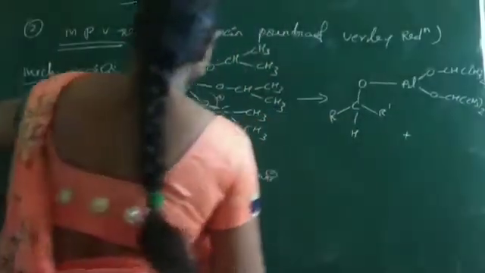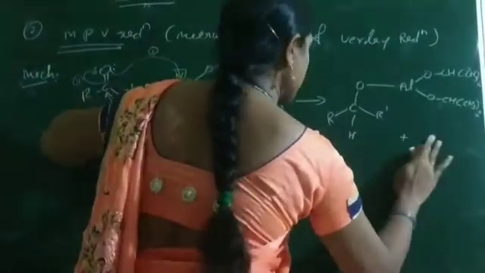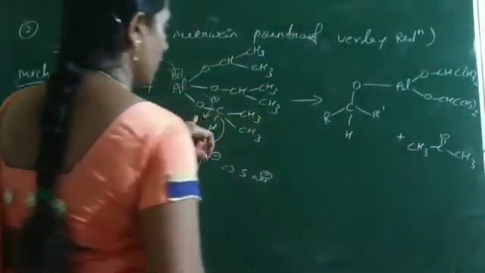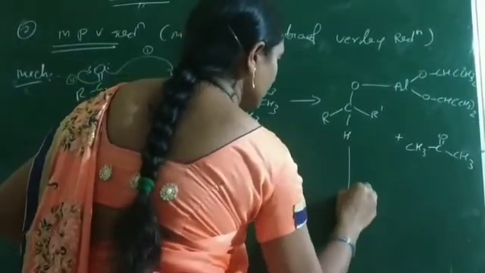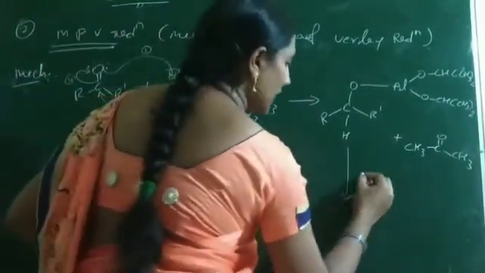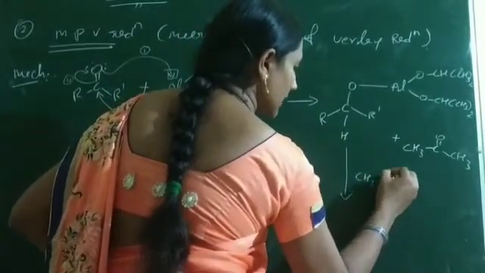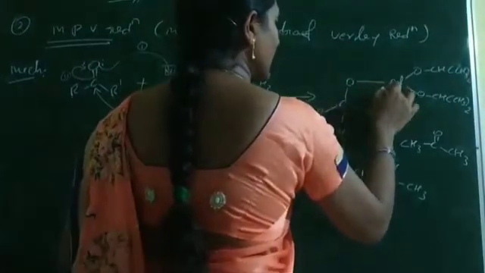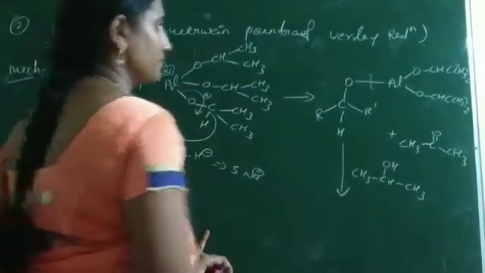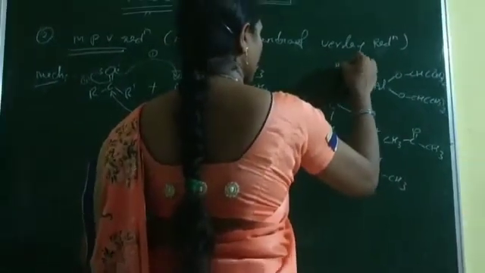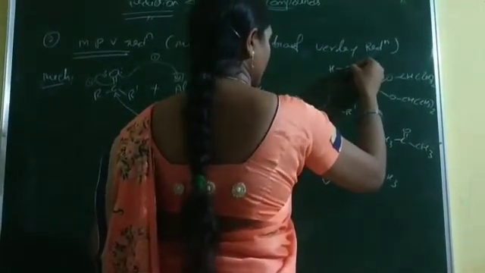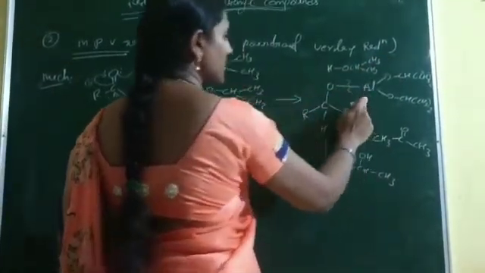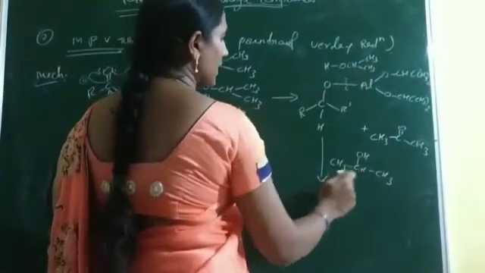The byproduct is propanol. Again, this compound is treated with isopropanol, CH3, C, OH and H and CH3. In this, the OAl bond is involved in the reaction.